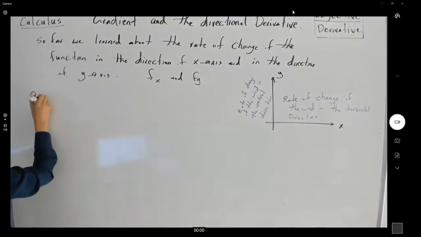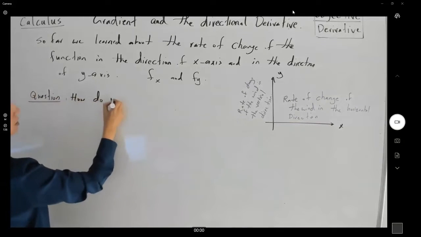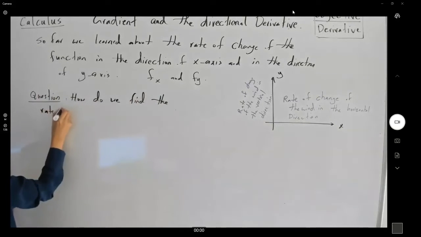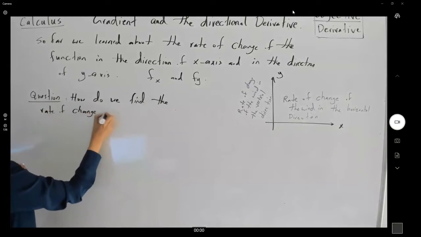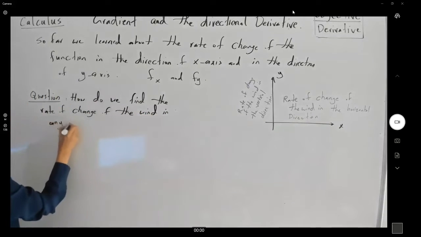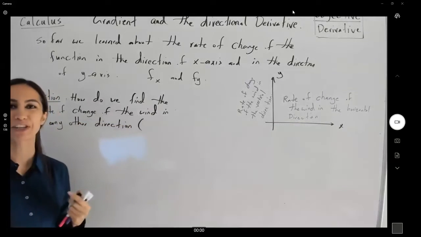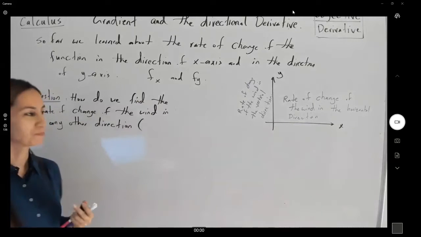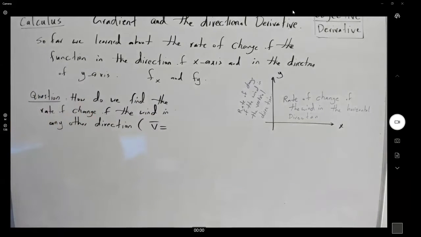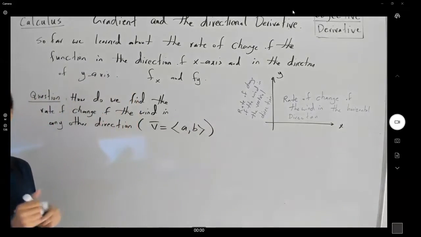Question: how do we find the rate of change of the wind in any other direction, or in the direction of a vector v equals a, b? This is a vector.